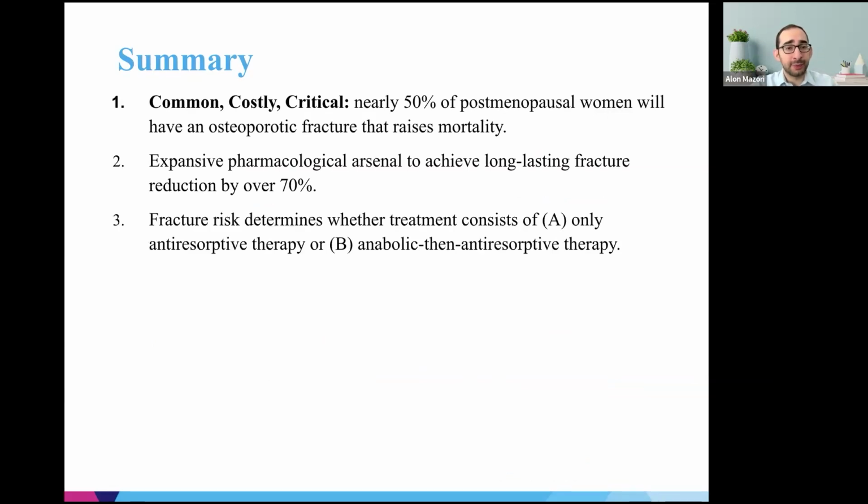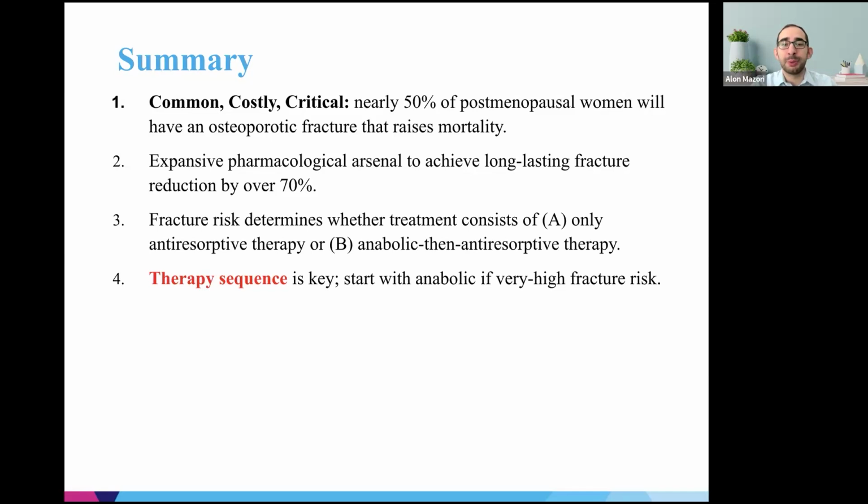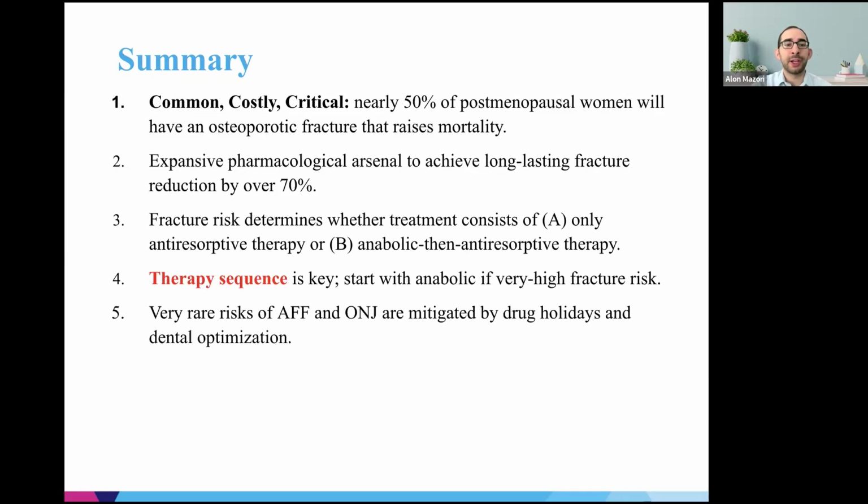The fracture risk of the individual patient determines whether treatment consists of only anti-resorptive therapy or anabolic therapy and then anti-resorptive therapy. Therapy sequence is key. We start with an anabolic agent if there is very high risk. And the very rare risks of atypical femur fracture and osteonecrosis of the jaw are mitigated by drug holidays and dental optimization.